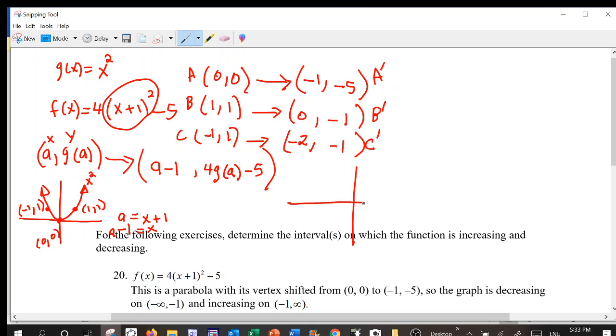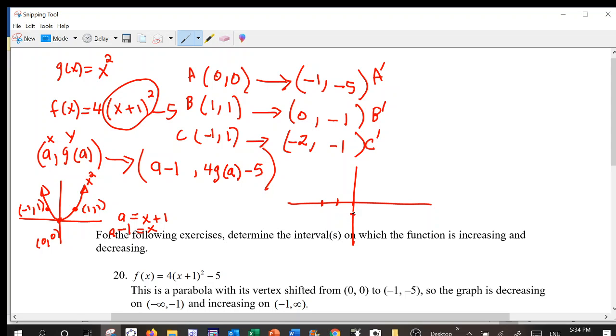Before you start graphing the points, make sure you have enough space on the x and the y. On the x-axis, we need negative 2, negative 1, and 0. On the y, we need negative 1 to negative 5.